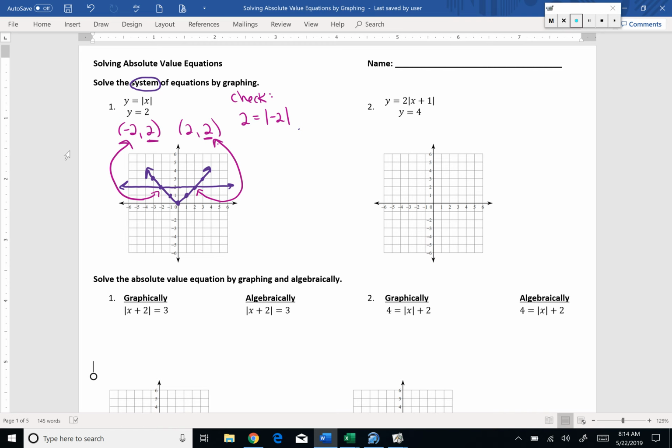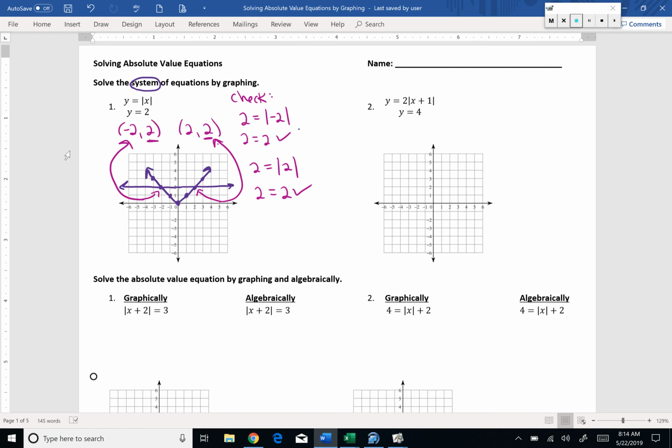Is the absolute value of negative 2, is that 2? Yes, it checks. And then we put the point 2, 2 in. We know the absolute value of 2 is 2. That one checks also.